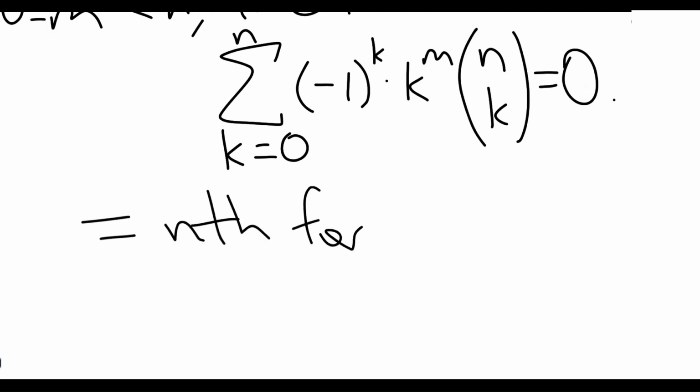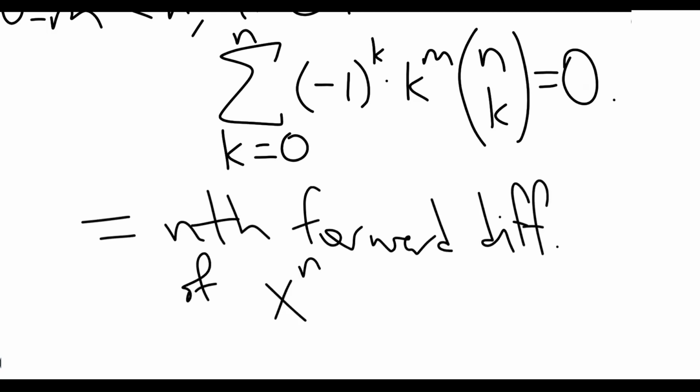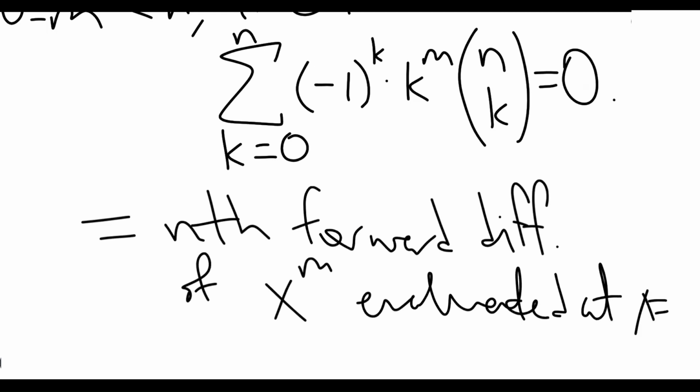forward difference of x to the m, and then I evaluate it at 0. Okay, so what that's saying is I take the polynomial x to the m, and I look at its first n values.